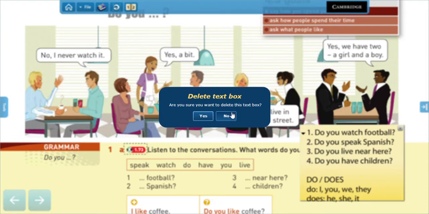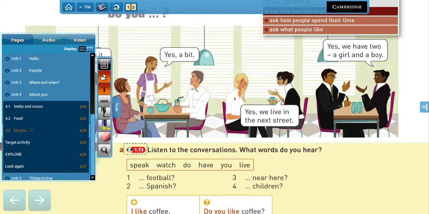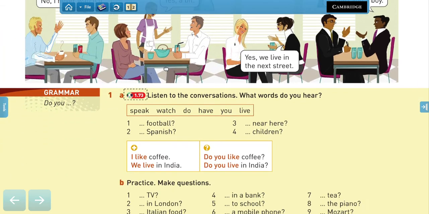So let's look at some examples that we have here below. Here we have positive sentences and auxiliaries. I like coffee. Do you like coffee? We live in India. Do you live in India? Pay attention to the change of the order of words.